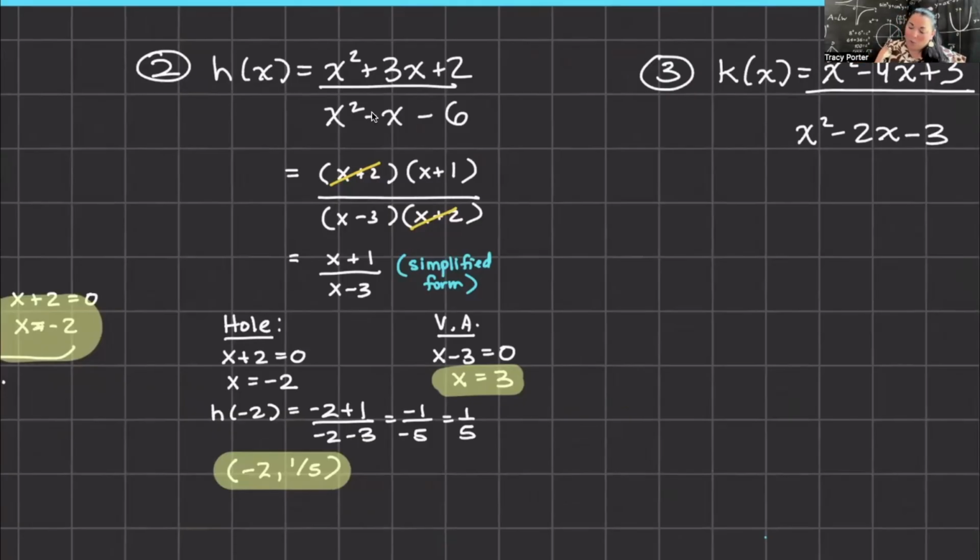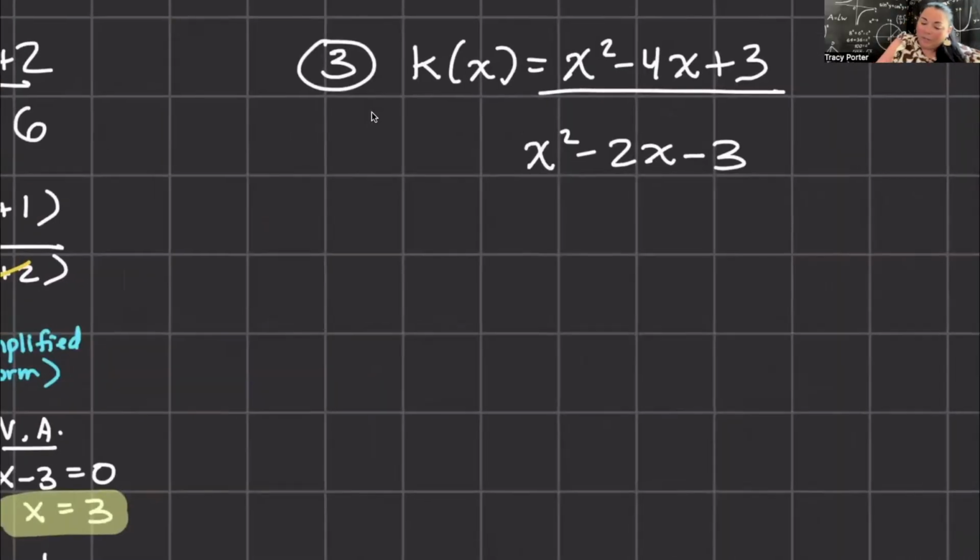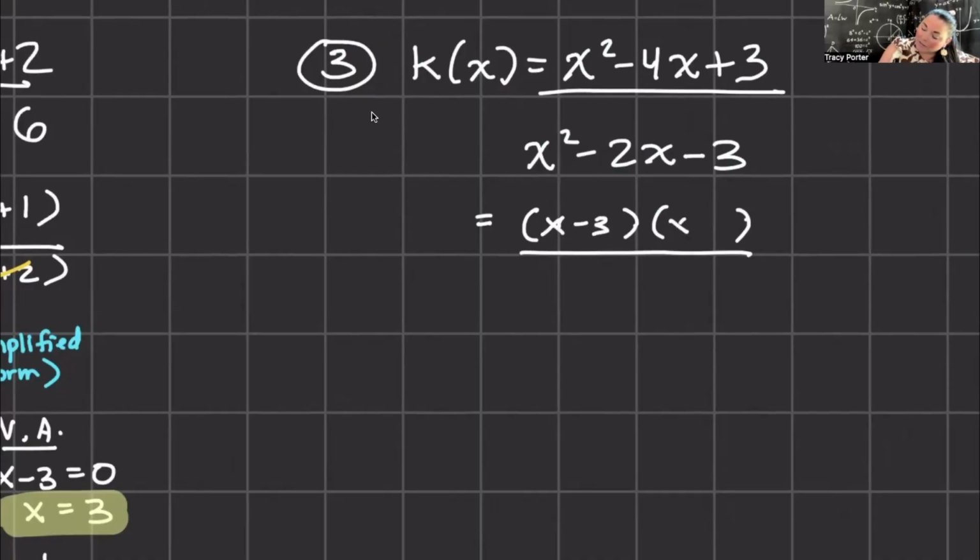Now we go to the final example. We're going to do it the same way. Factor completely. So our numerator, we have x minus 3, x minus 1. And then in the bottom, we're going to have x minus 3, x plus 1. Okay, so that should work there.